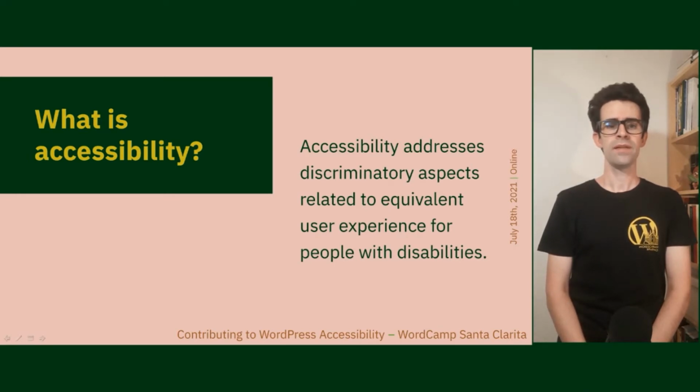This means that the goal of the accessibility team is to allow users with disabilities to use WordPress and to get the same exact results as users who do not have disabilities. I want to underline that user experience is not accessibility. It's a related discipline, but accessibility focuses especially on the needs of people with disabilities.